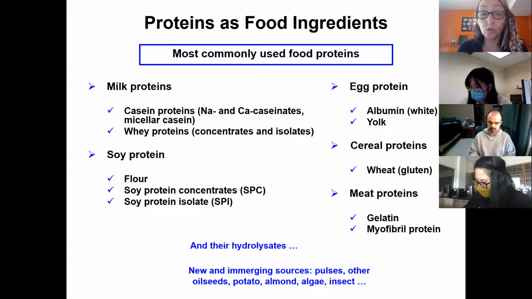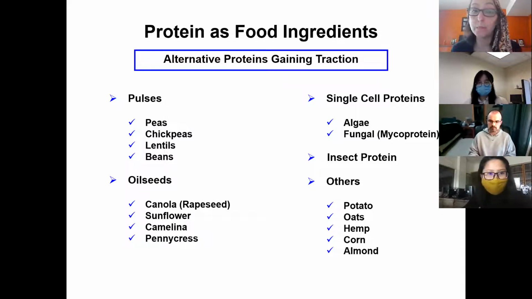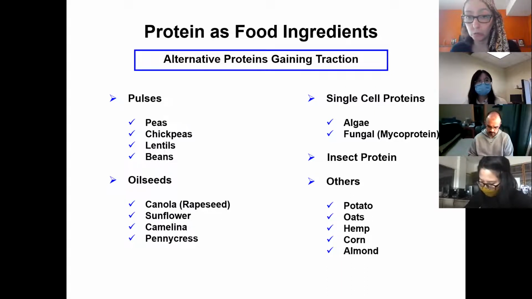So new and emerging sources, there are a lot right now, and big ones are pulses, and peas is one of the main ones. So when I cover legumes and oilseeds, we'll talk mostly about soy, but I will bring in some information about pea because it's gaining a lot of traction. Oil seeds, we'll talk about soy, we'll touch base on some of the other oil seeds that are emerging.